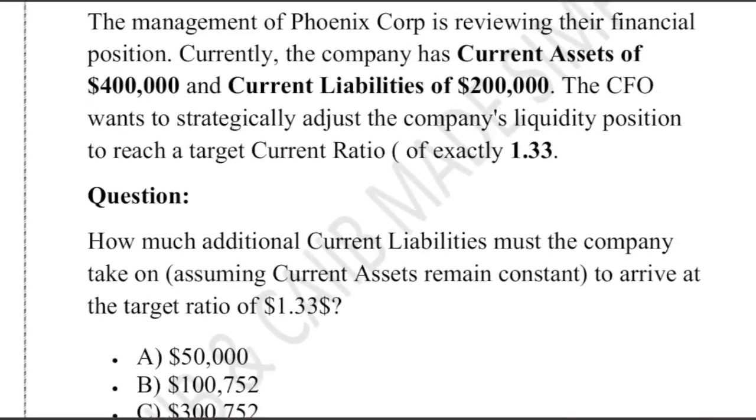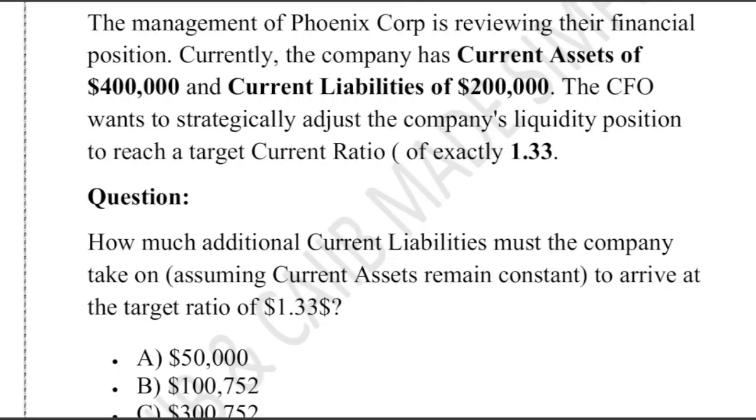So let's get started with our very first question, which is a numerical one. I request you to have pen, paper and calculator with you. The question is simple. There is a firm, Phoenix Corp, and their management is reviewing the financial position. Current asset is $4 lakh, current liability is $2 lakh, and the CFO wants to strategically adjust the company's liquidity position to reach a target CR of exactly 1.33.